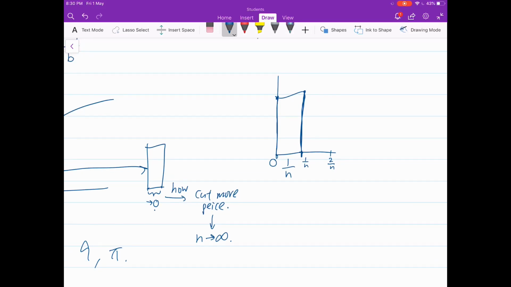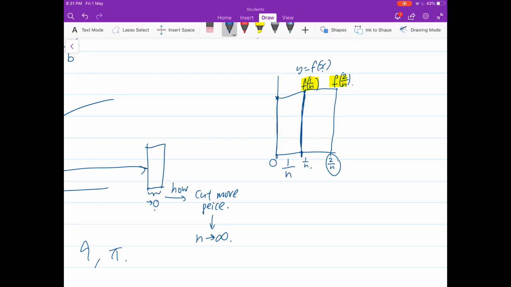We know that the curve is y equals f of x. Now in this case, I'm substituting x equals 1 over n. So this is just f(1/n). Correct? And then what will be the next rectangle? I'm going to take this value and substitute it in. In this case, we want to generalize f, the function, so there is no real equation that we're substituting in. We're just going to leave it as such.